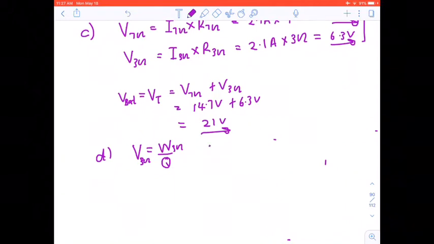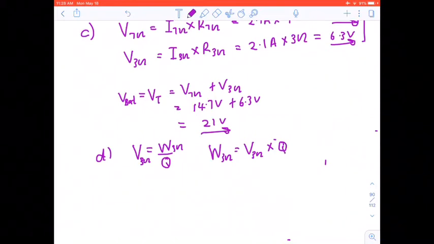We know that W in the 3 ohm resistor is equal to V across the 3 ohm resistor times Q, right?